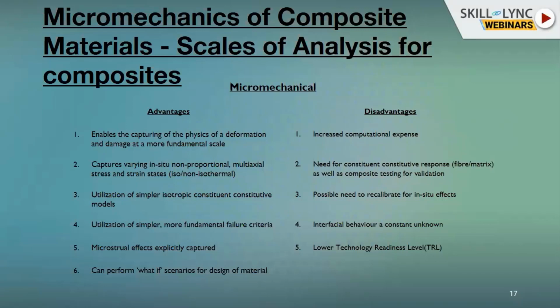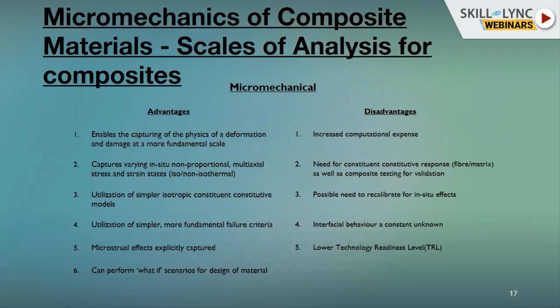We will be using very fundamental failure criteria for defining the failure in the matrix as well as the fiber system, and this will help in analyzing complex failure in composite material at the micromechanical scale. Obviously we will be seeing the effects of this composite at a microscale, so microstructural effects can be easily captured.